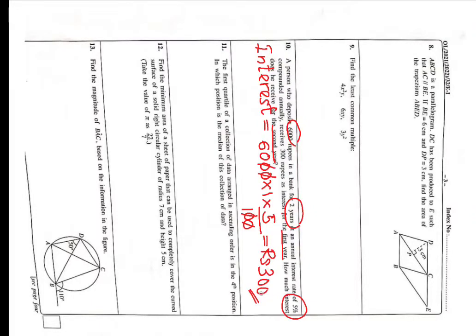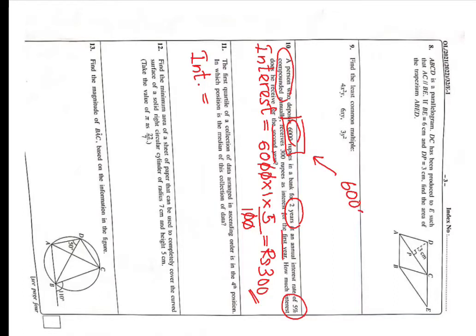Then they are asking what should be the interest for the second year. Now, when taking interest for the second year in compound interest calculation, we have to add our interest of the first year to this deposit. That is the special thing.